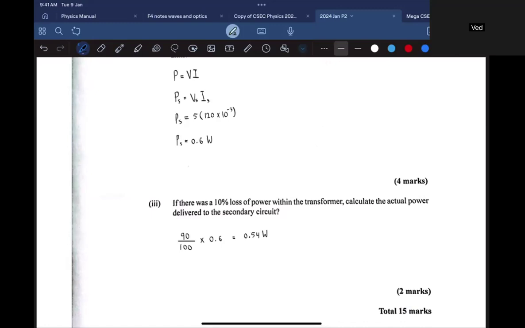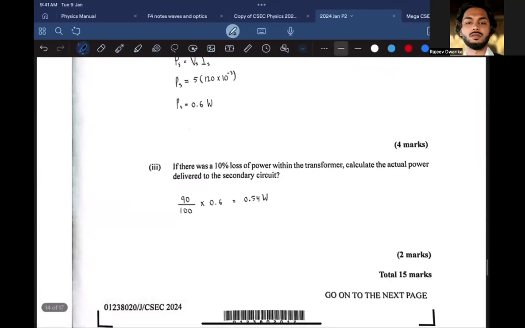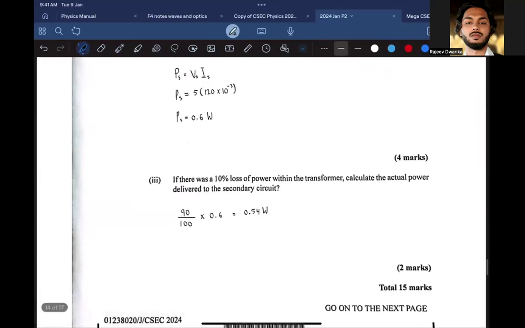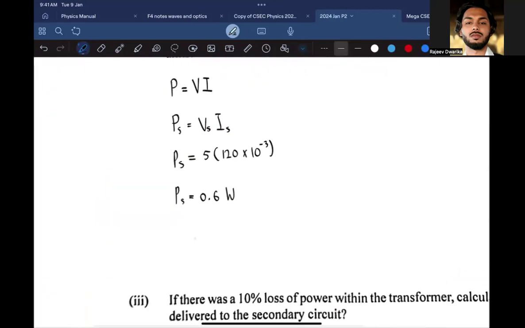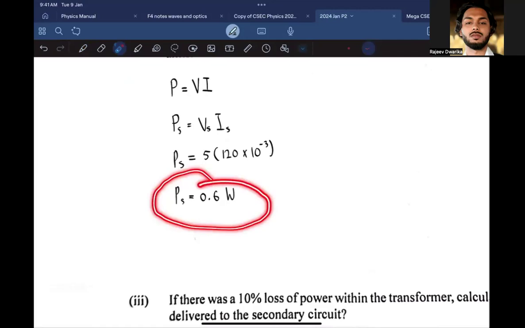So Jadon and Ocean here was saying, right? We use the ideal formulas for a transformer, which means that if the secondary power is 0.6 watts, that is how much power we would get in the primary as well. Yes, sir.